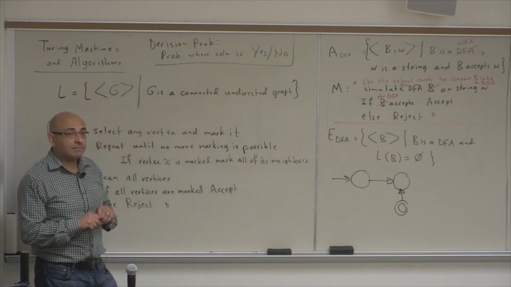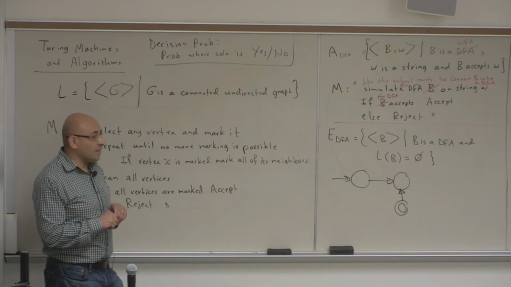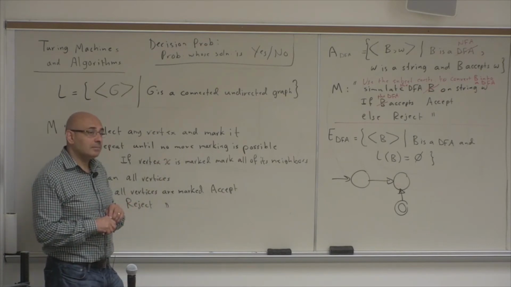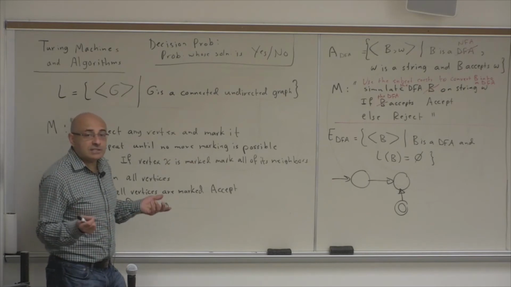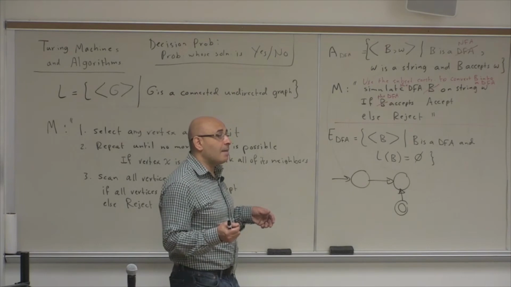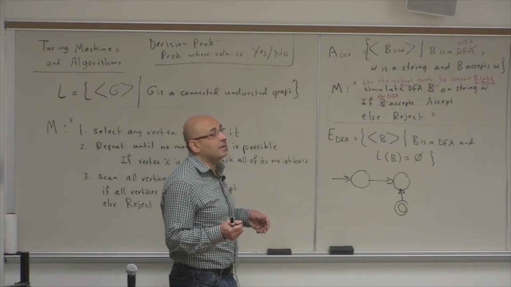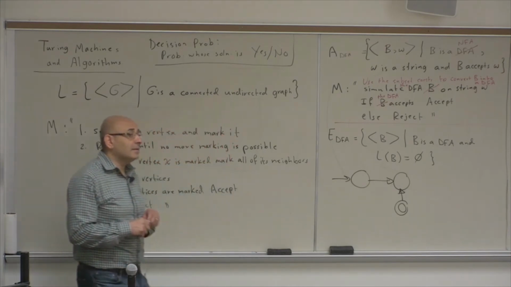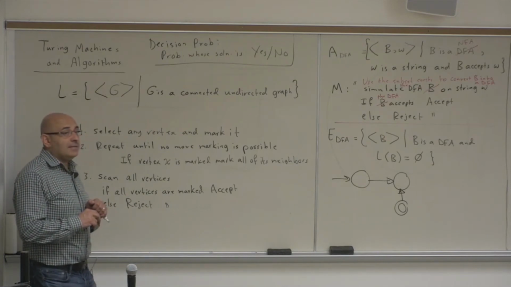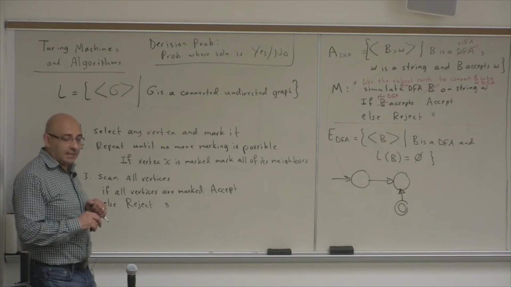How do we check this? Think of it as an algorithmic problem. Just find all the reachable states, traverse only from the start state, and if there are no final states in there, then it's empty. Yeah, exactly. Find all reachable states from the start state.